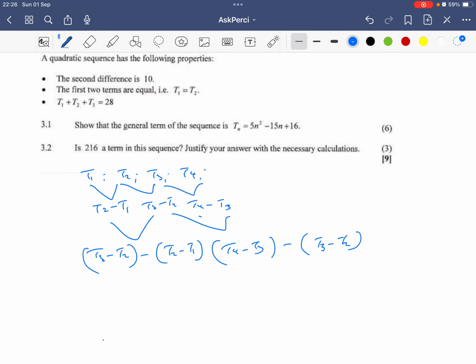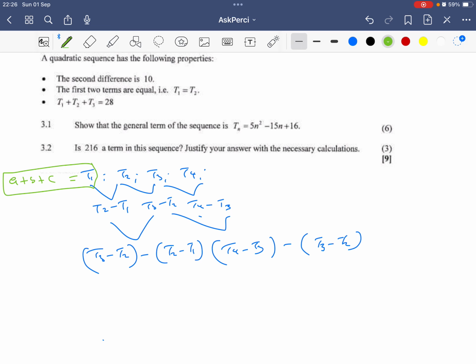First difference, second difference, right? And what you need to remember is this: T1 is equal to A plus B plus C. You need to remember that.